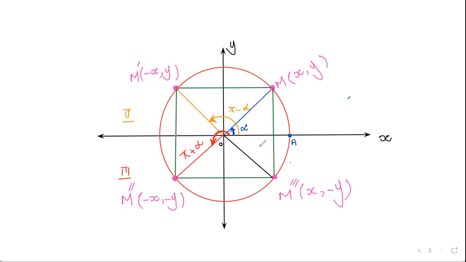OM triple prime is the moving arm, which means that this angle, the black one, takes you to the fourth quadrant of the Cartesian plane, to the M triple prime from the M, which is 2 pi minus alpha. And this is the first quadrant.